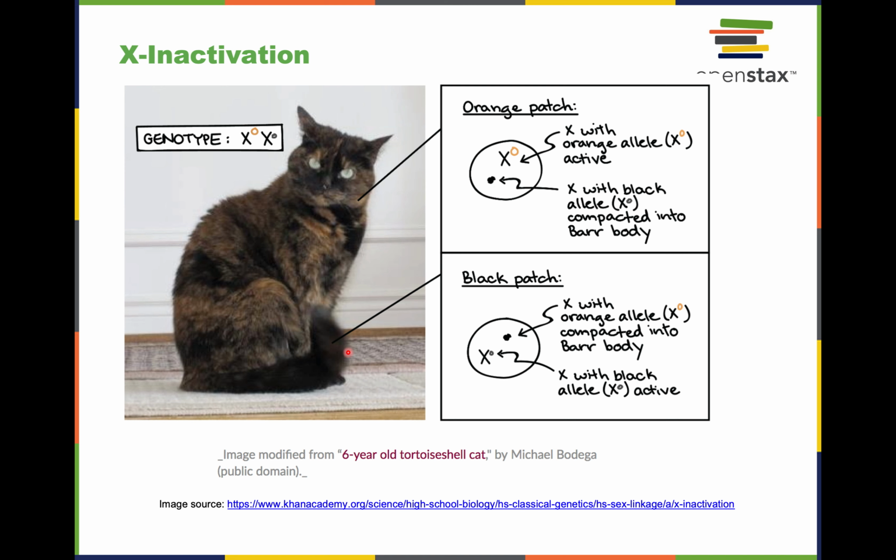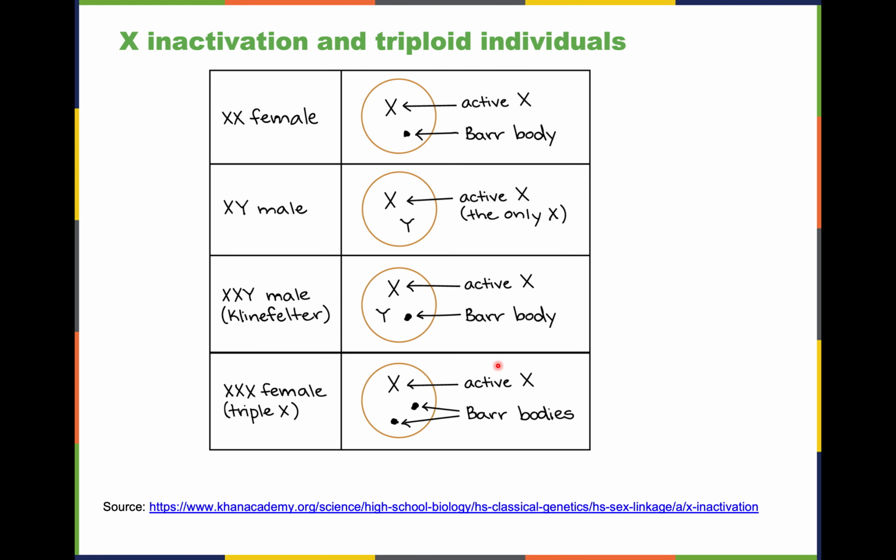In cells where black patches are expressed, the X chromosome that has the orange allele, or orange form of the gene, is deactivated, and the one that is expressed is the one with the form of the gene that gives us black color. So that's an interesting manifestation of what happens in females.